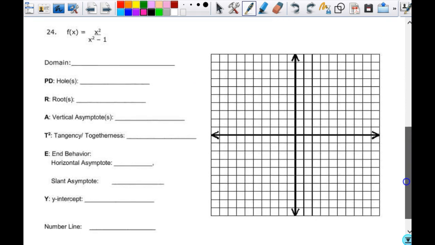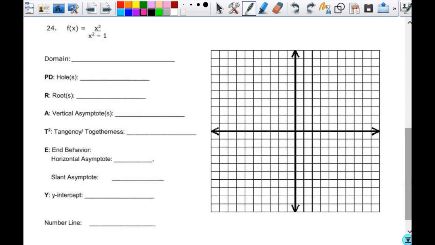All right, number 24. Factor this. This is going to give me x squared over x plus 1, x minus 1. So my domain is all real numbers except x cannot equal plus or minus 1.